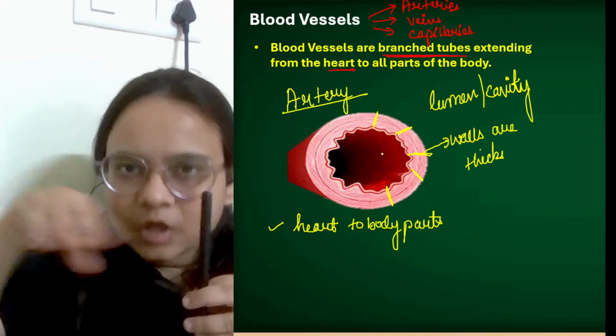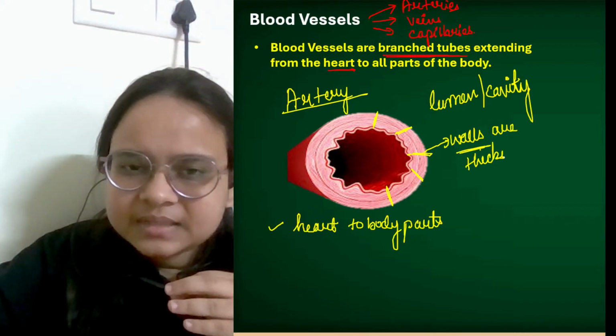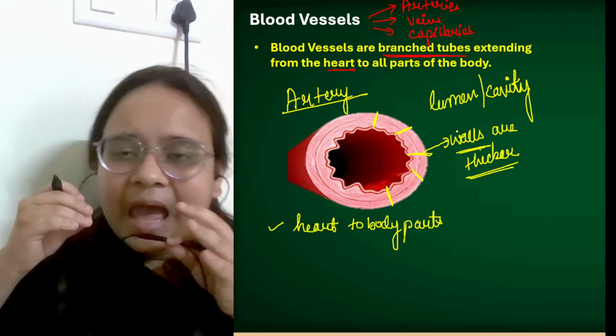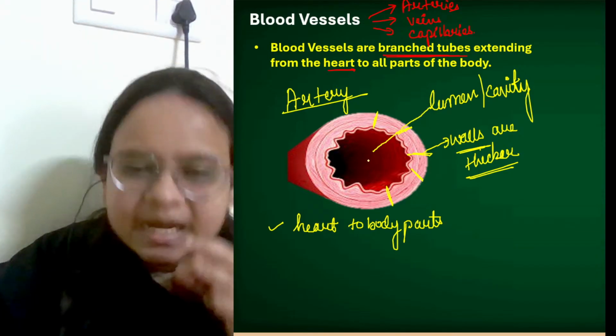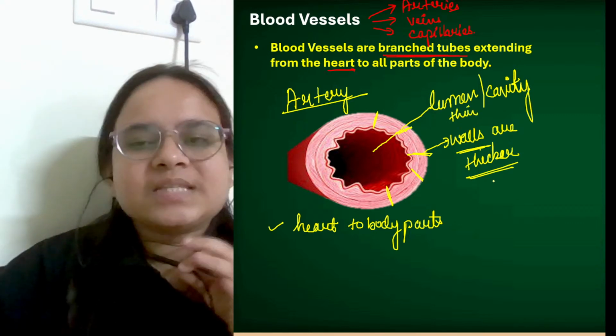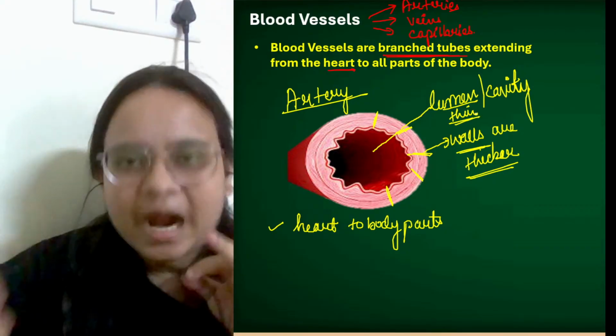The hollow space inside will get narrow. So what happens is that the walls are thicker in case of an artery, and as the walls get thick, the lumen inside the arteries becomes thin. So basically walls are thicker and the lumen inside is thin inside an artery.